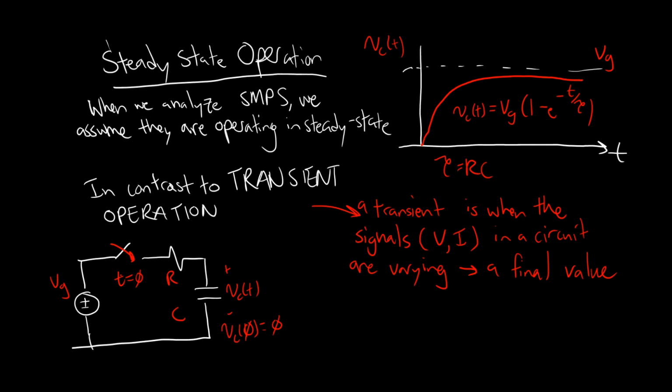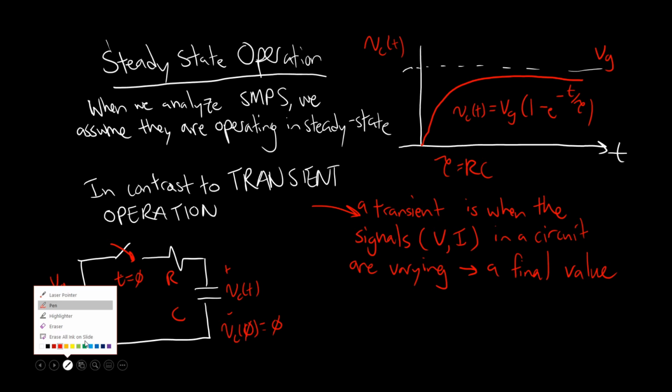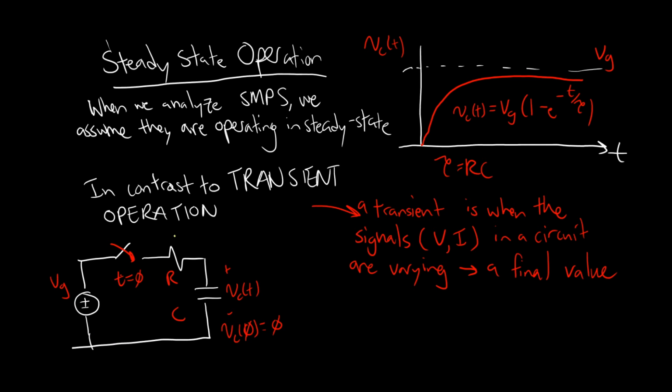They're going towards something. And the thing that they're going towards is the steady state, right? The steady state of the circuit is the current flowing through the circuit. So you can imagine there's some current flowing through here, i_C of t.